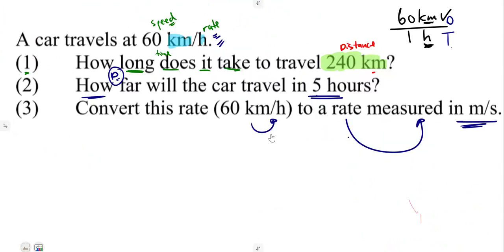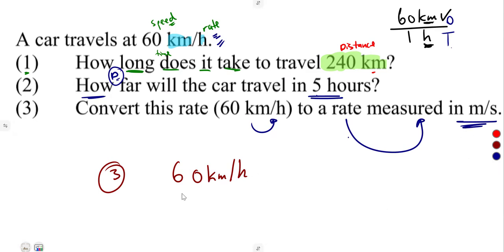So when they say convert, you just consider it like this. All right, let's consider this one. You are given to convert 60 kilometers per hour to meters per second.